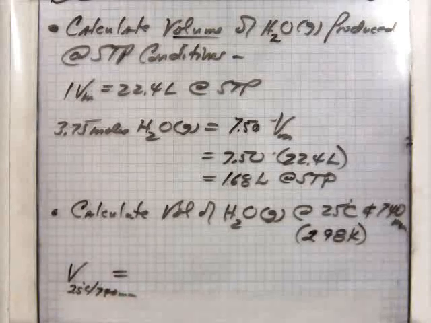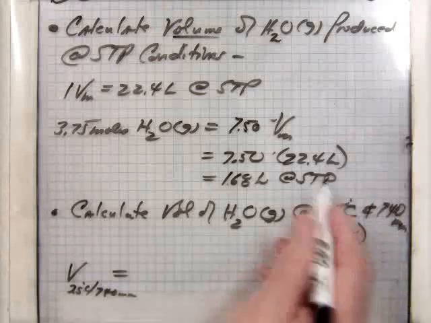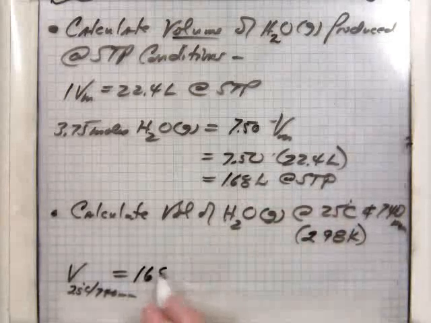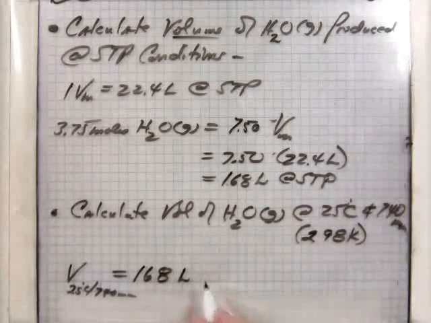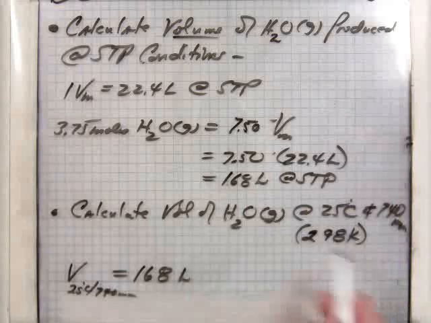Adjustment of the standard volume that you have by the changes that are specified. An adjustment of given standard is we're going to adjust 168 liters due to temperature change and due to pressure change based on going from standard to a new condition.